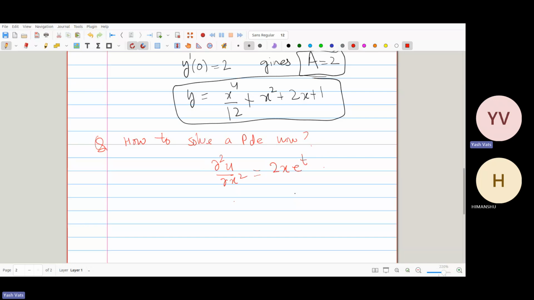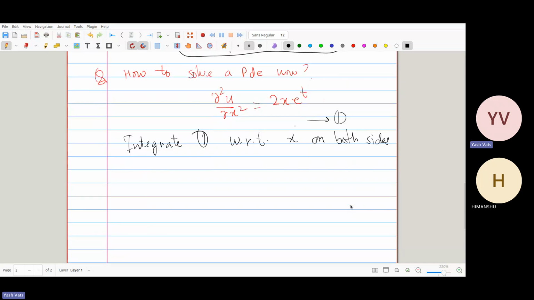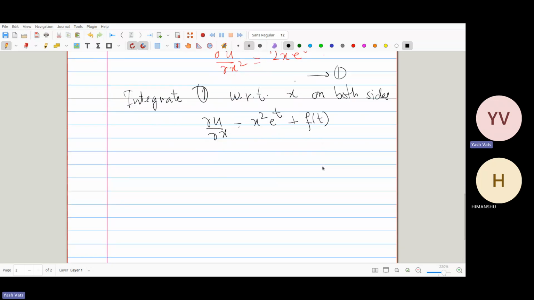Similar procedure. Integrate first with respect to x on both sides. It will give you del u over del x equals x squared e to the power t plus f of t. And then you integrate it again.